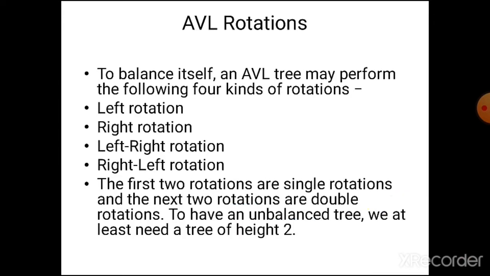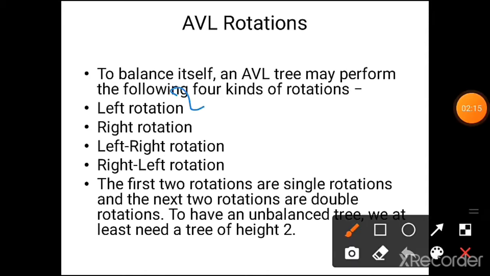So, AVL rotation. Mainly an AVL tree may perform the following 4 kinds of rotation: left rotation, right rotation, left right rotation, right left rotation. The first 2 rotations, left and right, are single rotations.